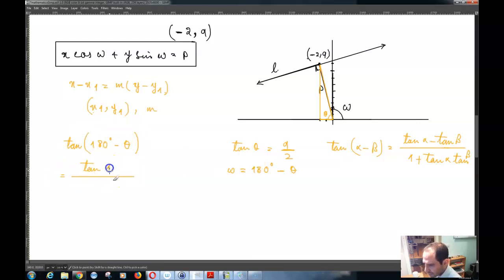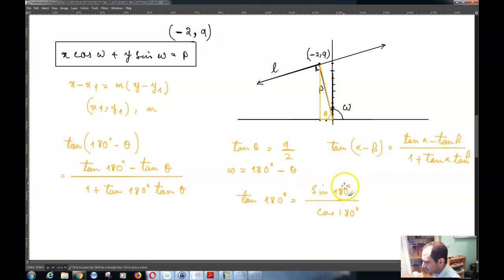Tan of 180 degrees minus theta, you can write as tan of 180 degrees minus tan of theta, over 1 plus tan 180 degrees tan of theta. Now tan of 180 degrees is the same thing as sine 180 degrees by cos 180 degrees.